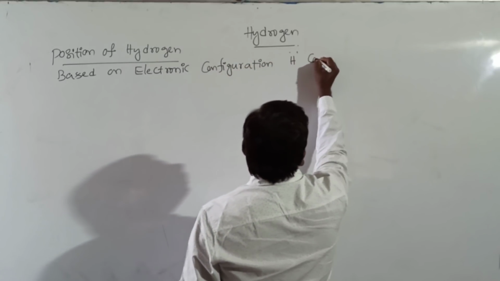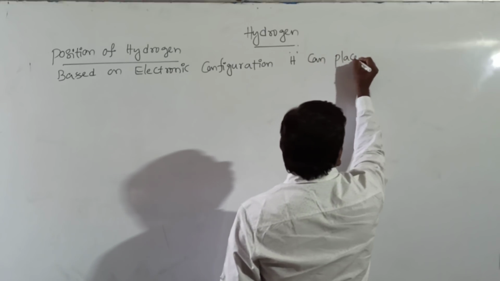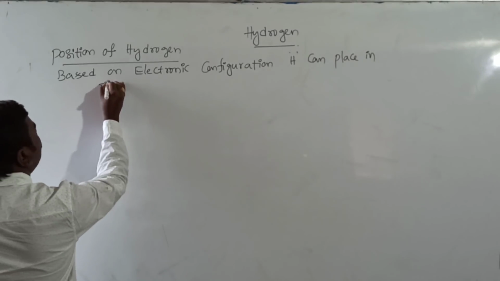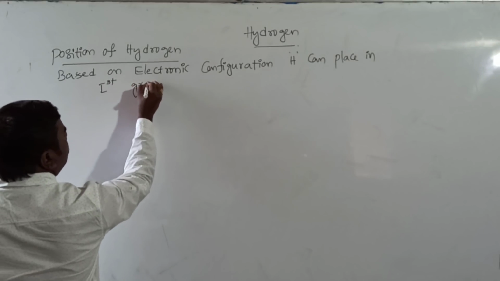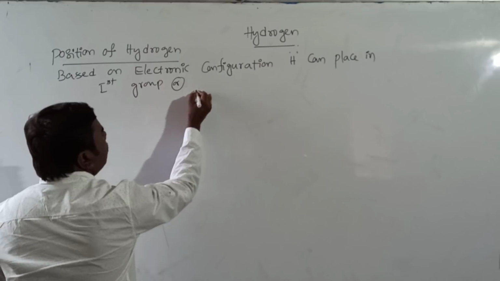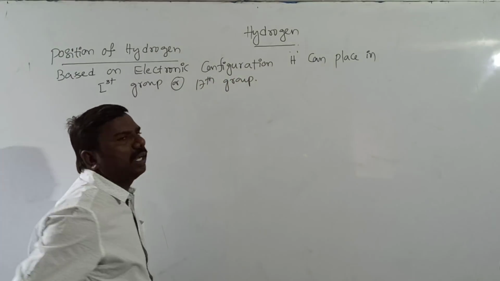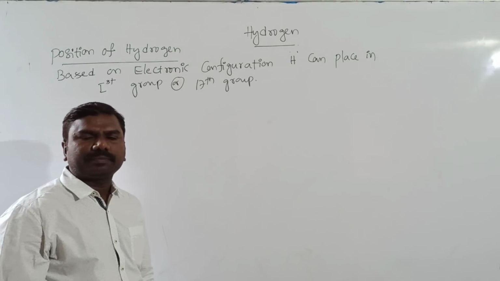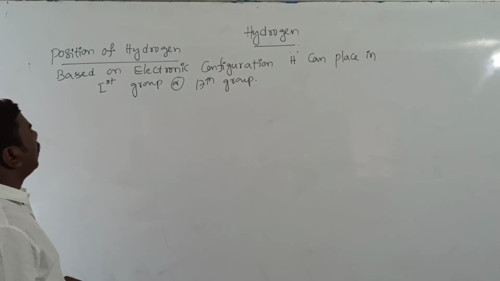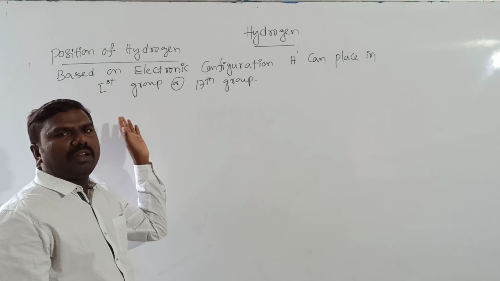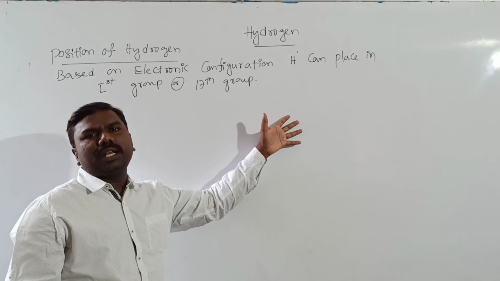Hydrogen can be placed in first group or 17. So it is depending upon electronic configuration. Now, what are the reasons to place the hydrogen in first group or 17 group?